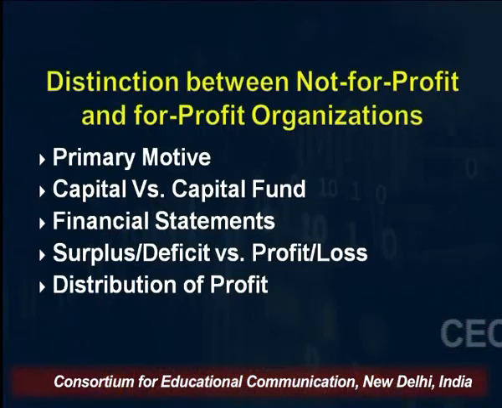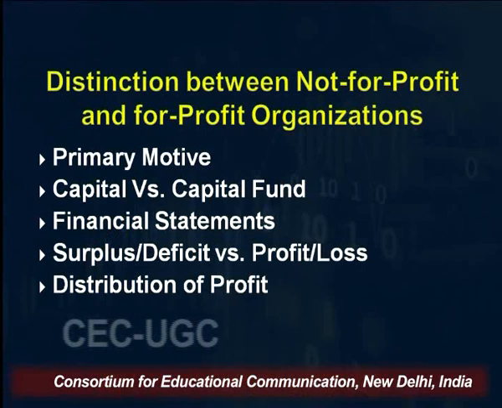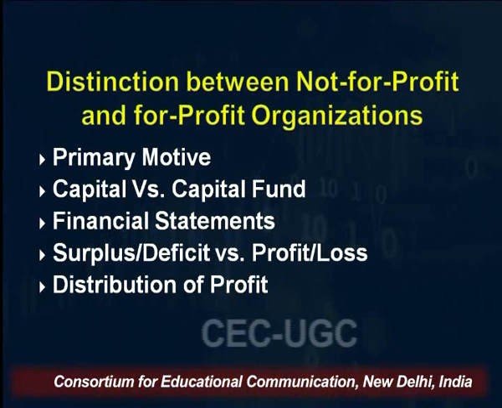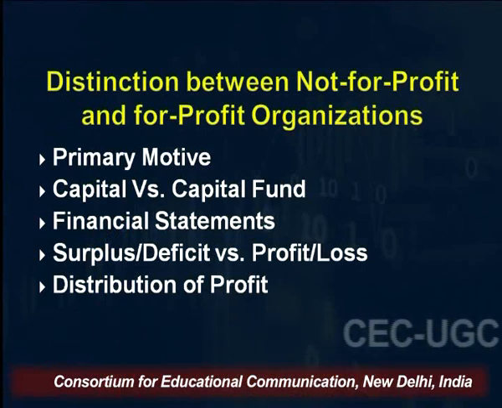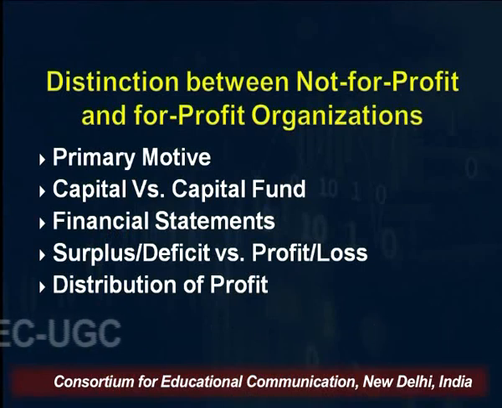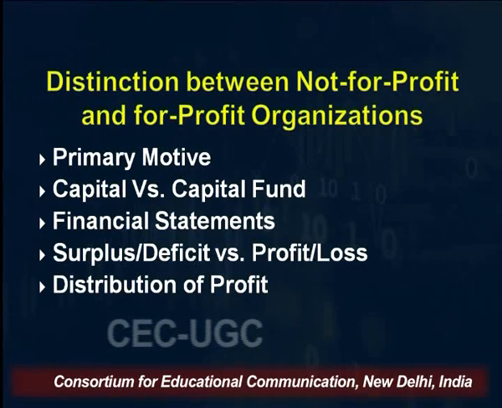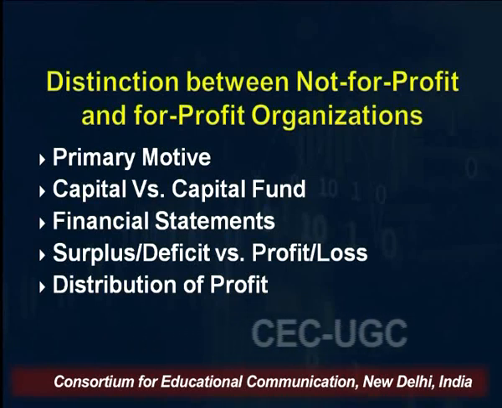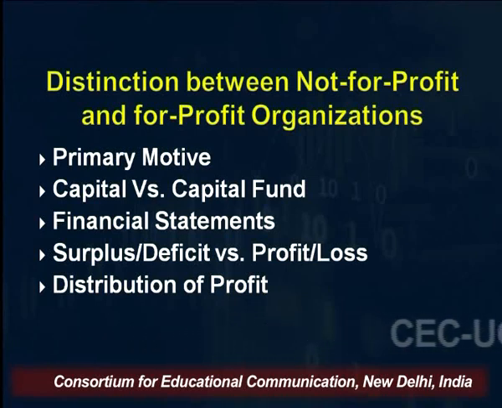Now I shall be discussing the distinction, the difference between not-for-profit and for-profit organizations, right? As I said, there are primarily two types of organizations prevailing in any society, in any country. One, the not-for-profit organizations, and second, for-profit organizations, which is a normal business, you can assume.